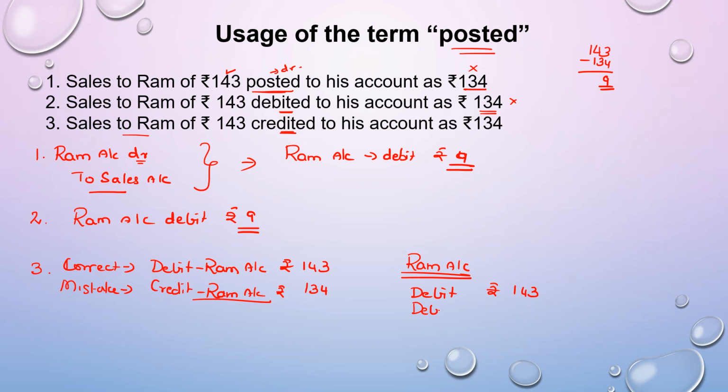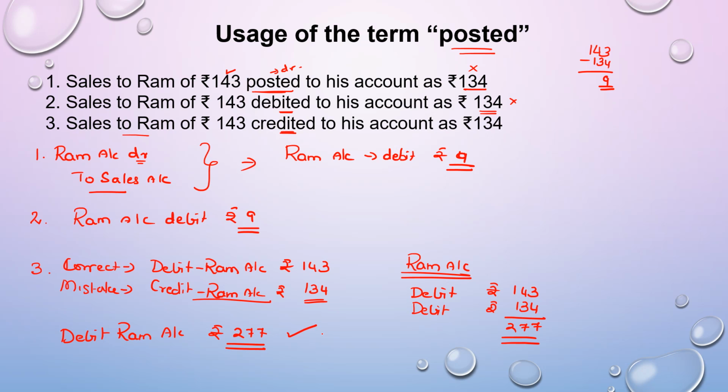So we would again debit Ram by rupees 134 so that that credit gets nullified. So totally you should debit Ram account by rupees 277 to nullify the 134 credit effect and leave a balance of 143 of debit in Ram account.